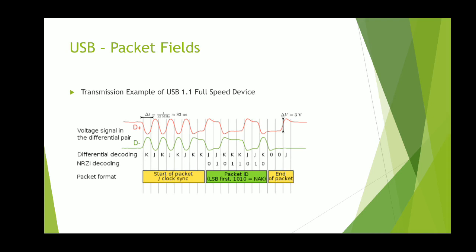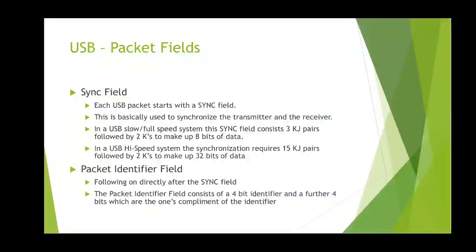Here we can say that this is a low speed device, and the sync packet is a total of 8 bits long. So here we can see that there are 3 KJ pairs and 2 Ks, which make up the sync packet. The packet identifier field comes directly after the sync field, and it consists of a 4-bit identifier followed by the 4-bit 1s complement of the identifier.